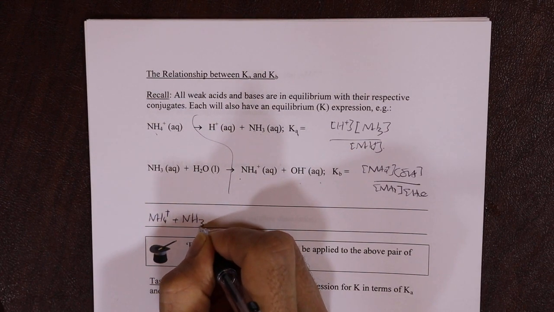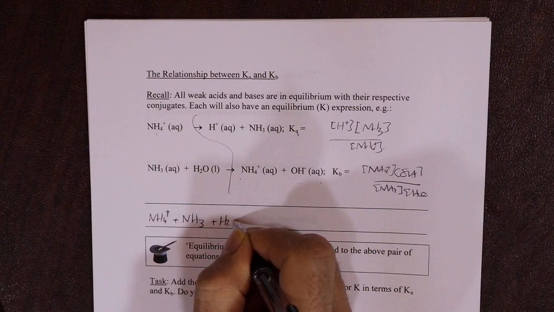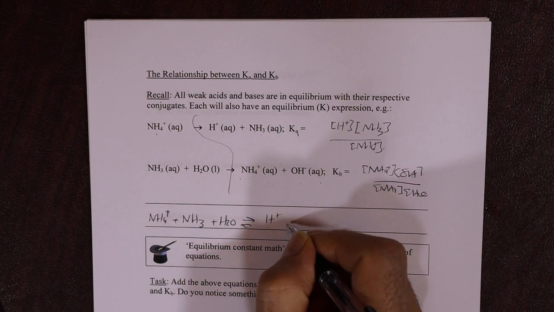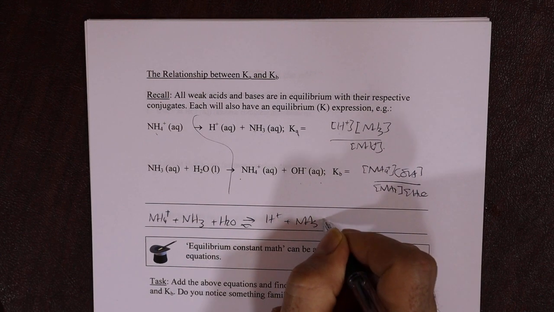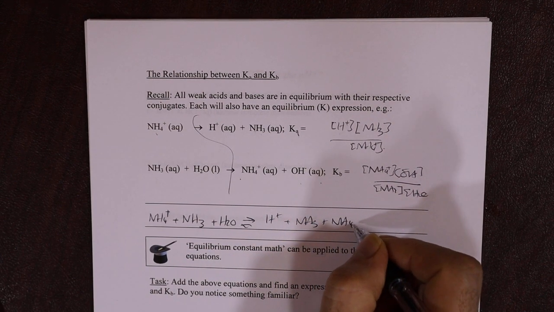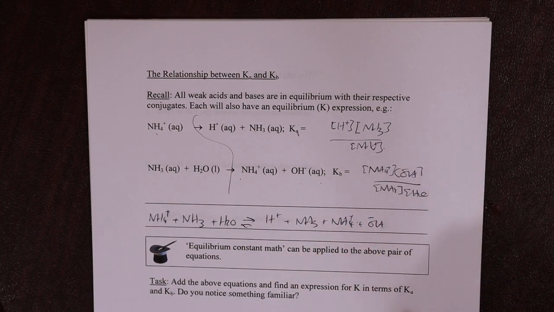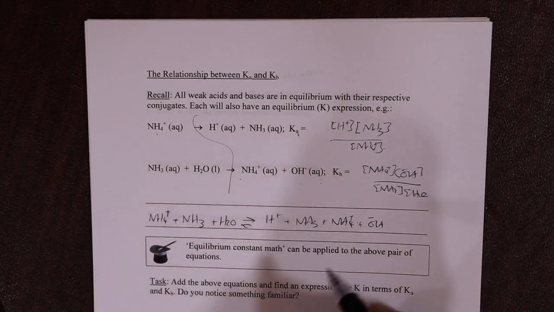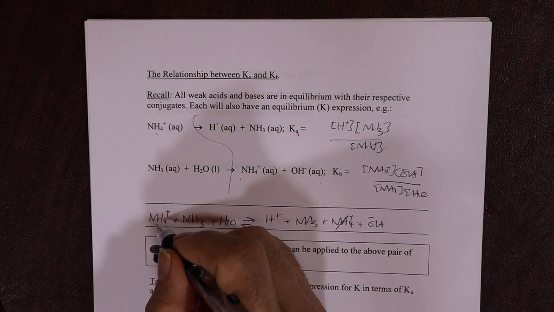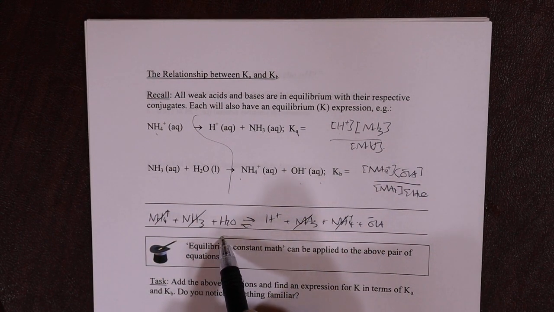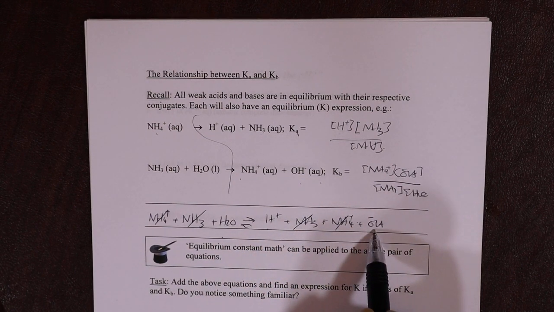For speed, I won't write the state symbols, but you can do that. What cancels? Well, NH4 plus, NH3, H2O, and H plus, OH minus.